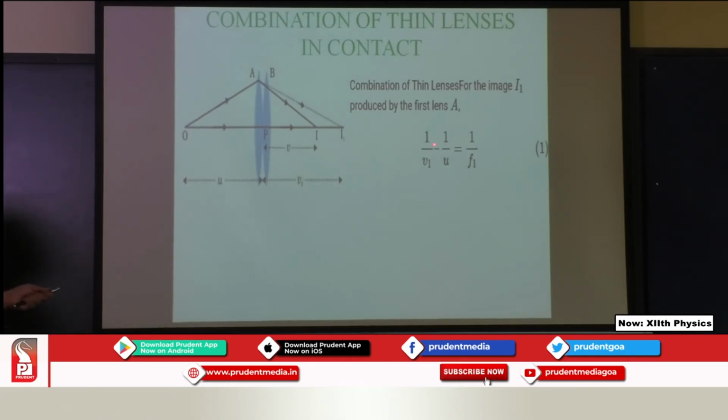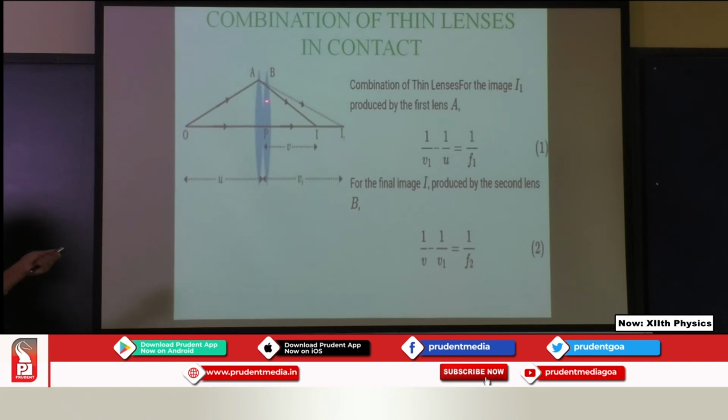We know that 1 upon v1, that is the image, minus 1 upon u equals 1 by f1. f1 is the focal length of the first lens. Same thing, apply the thin lens formula for the second lens. What we get is 1 upon v, that is the image, minus 1 by v1, because that was the object for the second lens, equals 1 by f2.